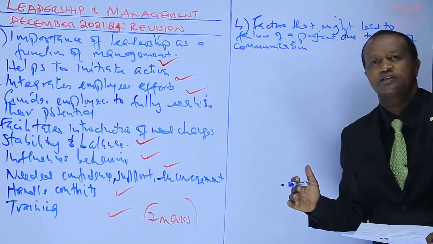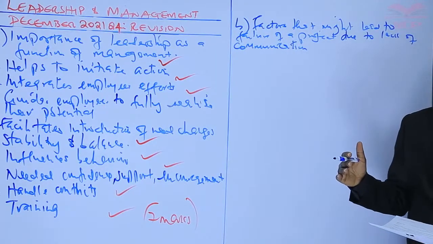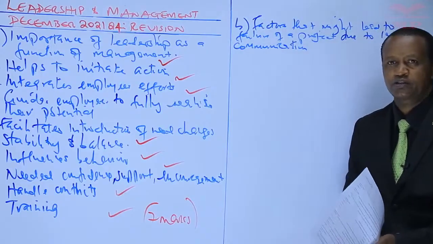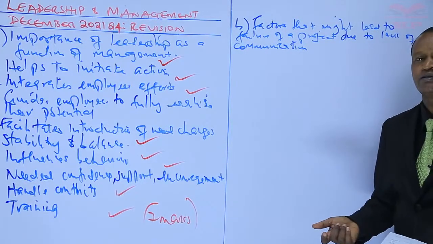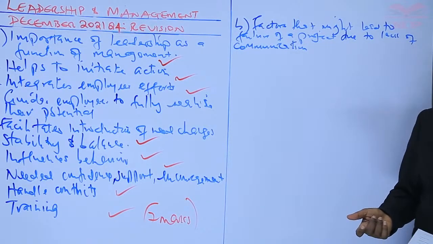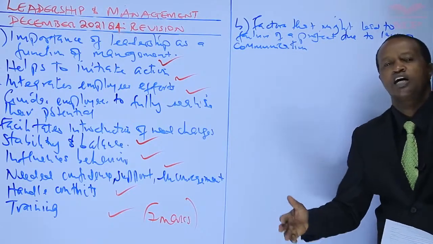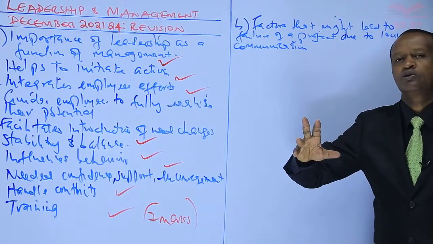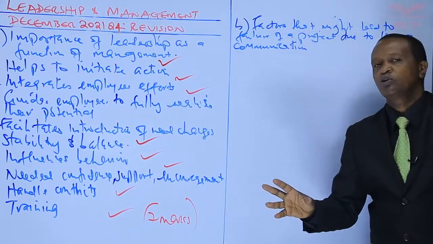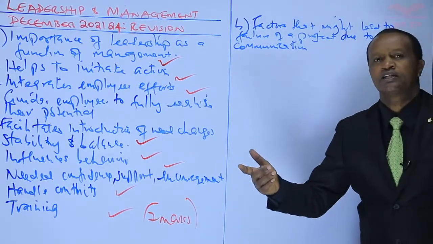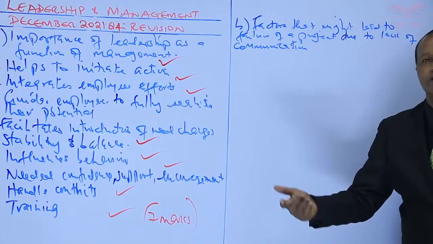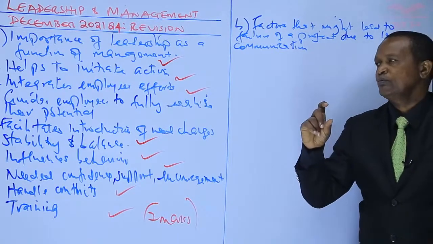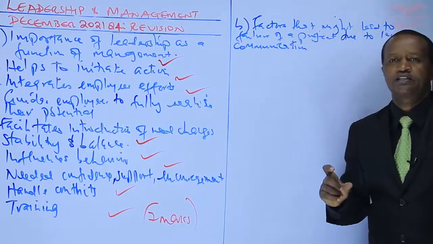One point is that communication is required at all levels of management, whether it is between the upper management, between the team, or communication with the users, or communication with stakeholders. Inadequate or poor communication is a leading cause of many project failures.